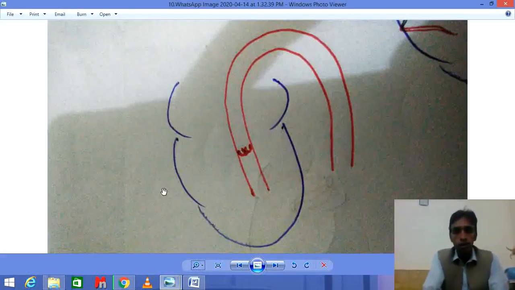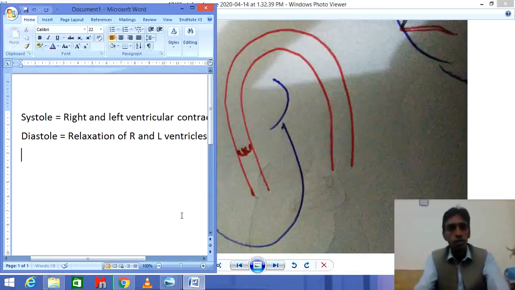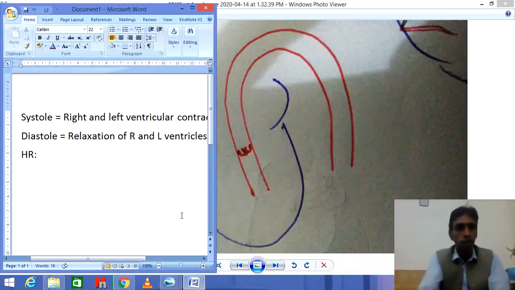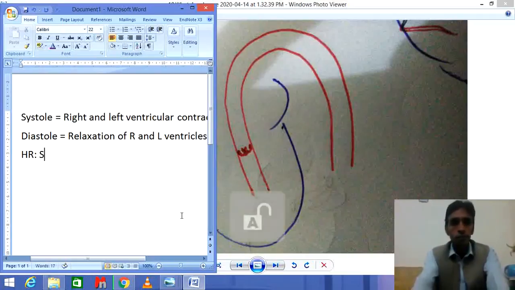Now the heart rate. As the name indicates, this is the systole and diastole of the heart per minute.